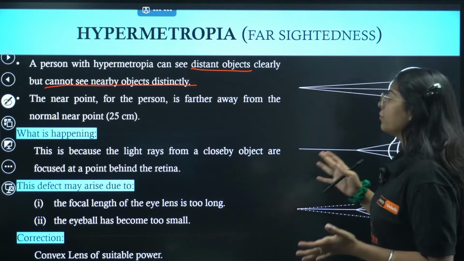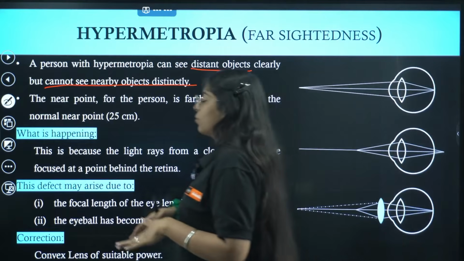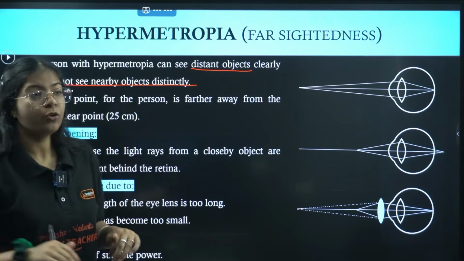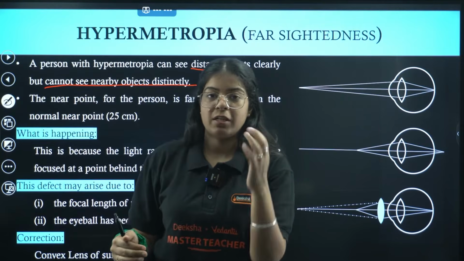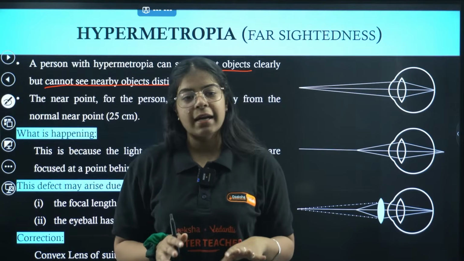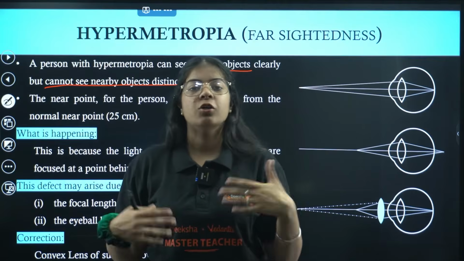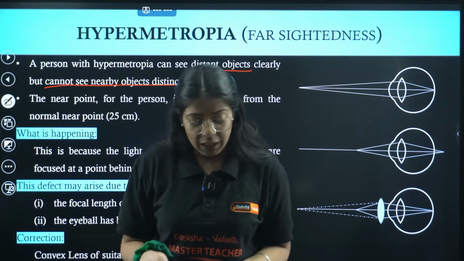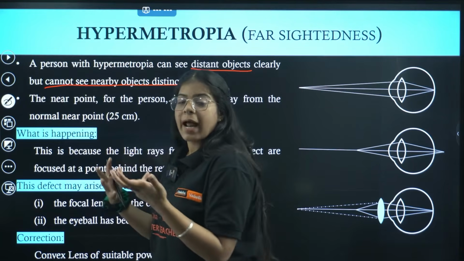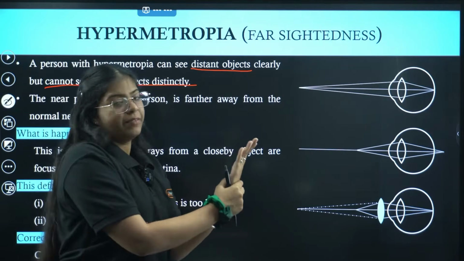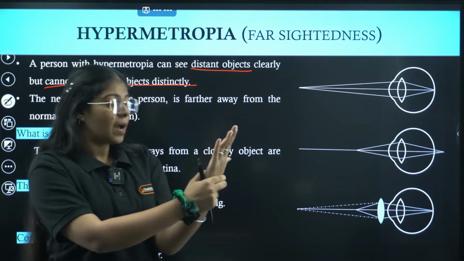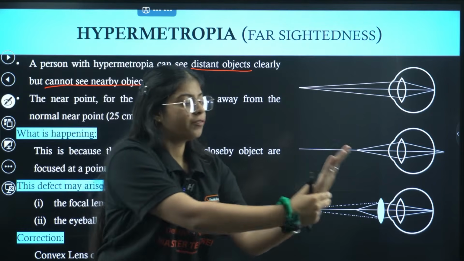The near point for the person is farther away from the normal point. I told you that your near point should be 25 centimeters from your eye lens, correct? If you bring it closer, you won't be able to see correctly. But in your grandparents, their near point was 25 centimeters originally, and then it shifted further.